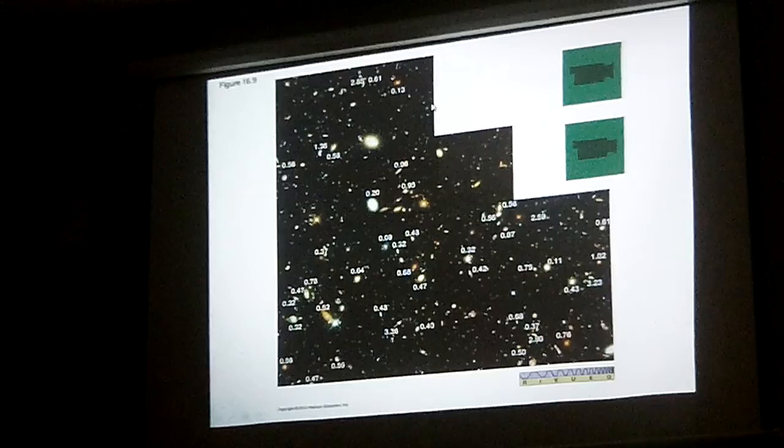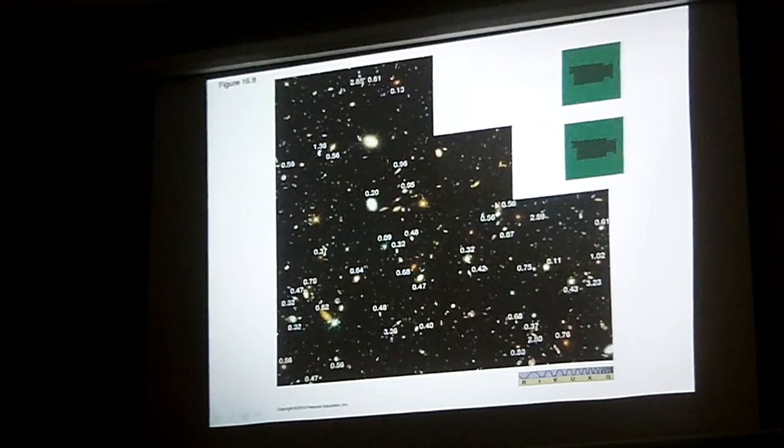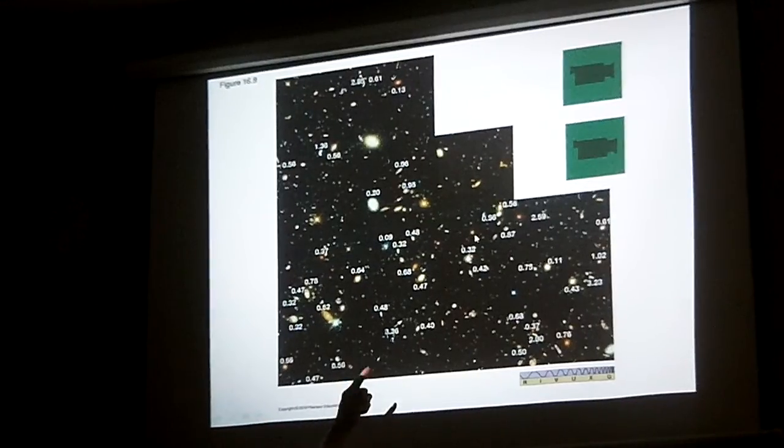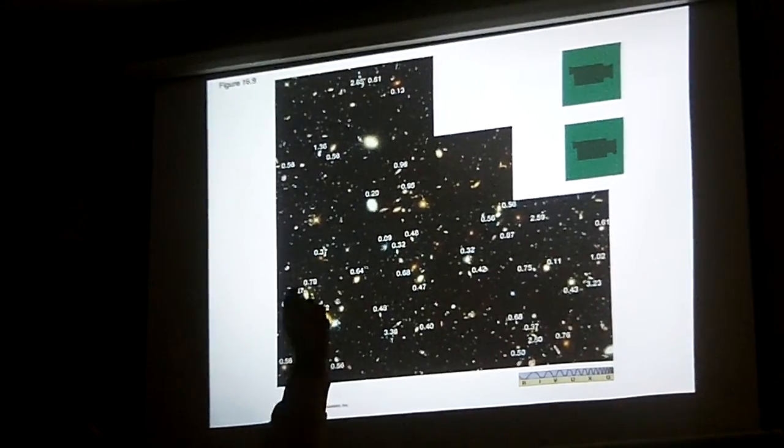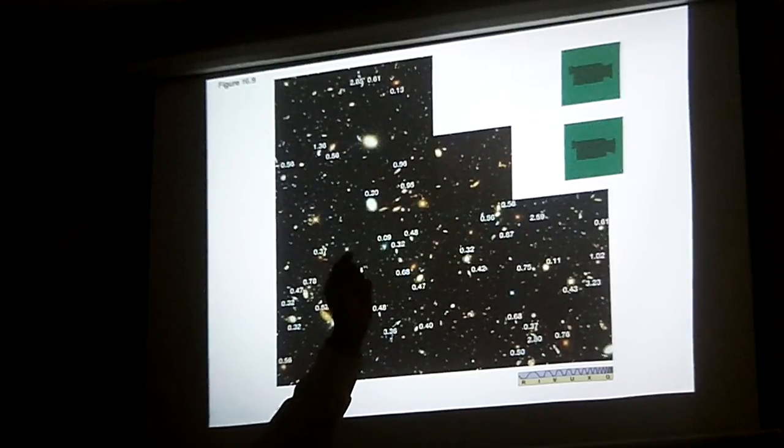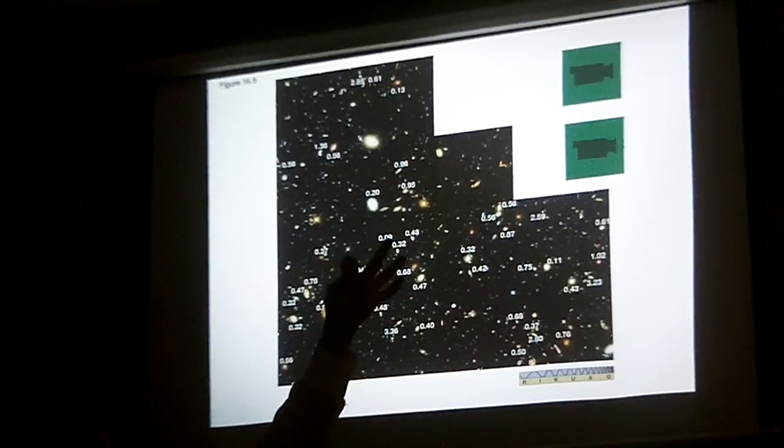And so what you do is you input this image into a computer. The computer counts the number of galaxies, and then it does the same thing for the south. It counts the number of galaxies, and it averages the 2 numbers.